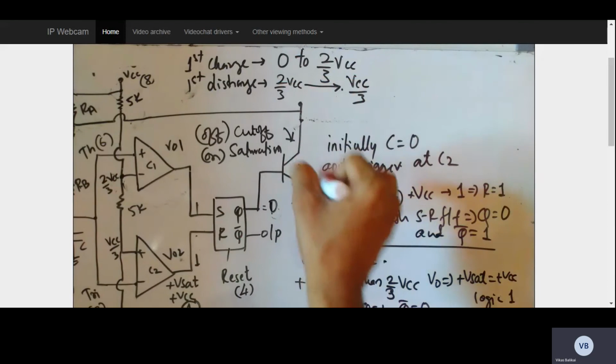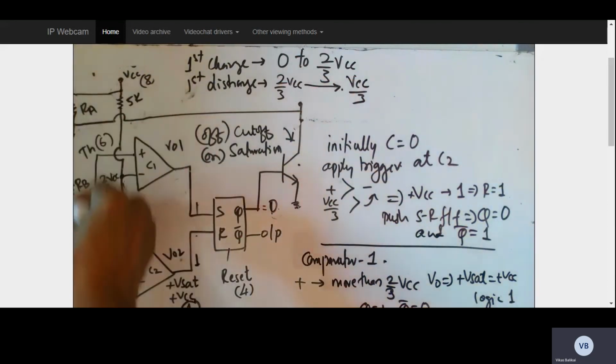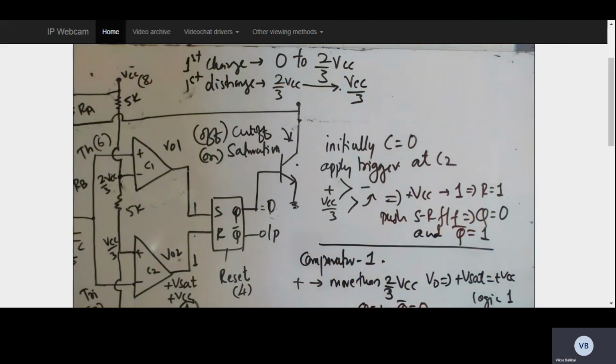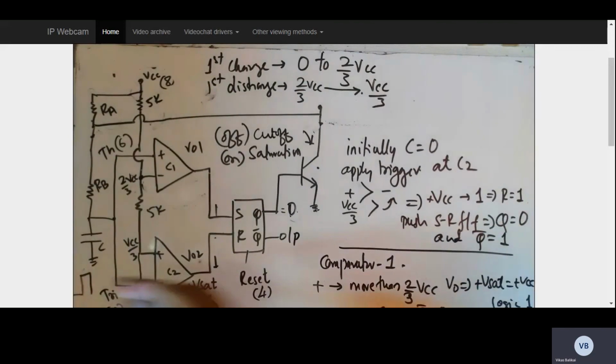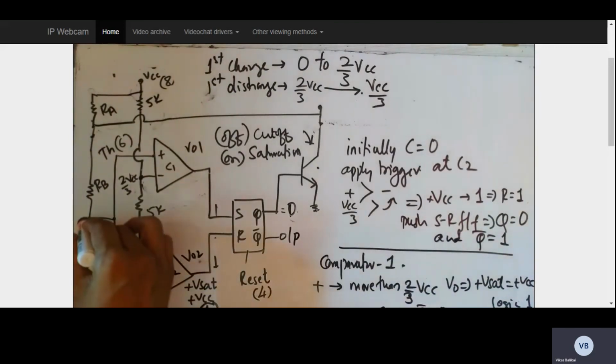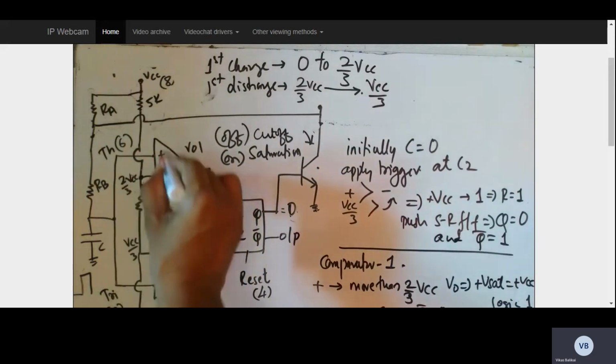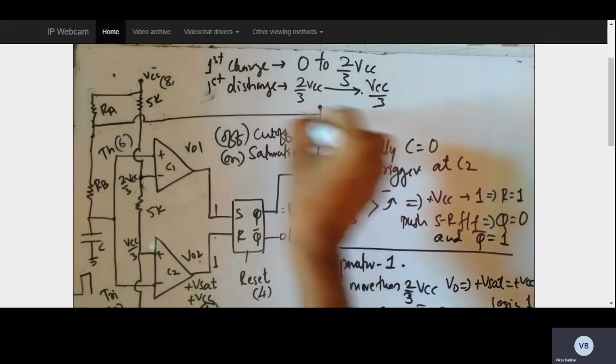Again the transistor will be in the cutoff, that is in the off state, and as a result the capacitor charges again over here. So this is how the entire charging and discharging process occurs with the help of this capacitor. Once it is more than 2 by 3 VCC, it is charged, this comparator C1 will be active, and as soon as comparator C1 is active, the discharge path will be activated.